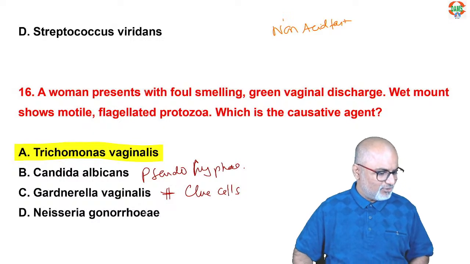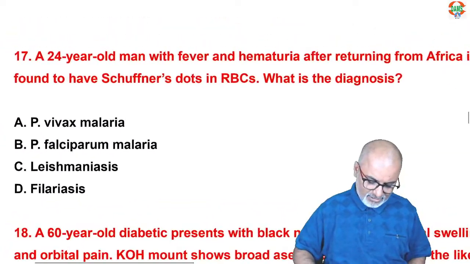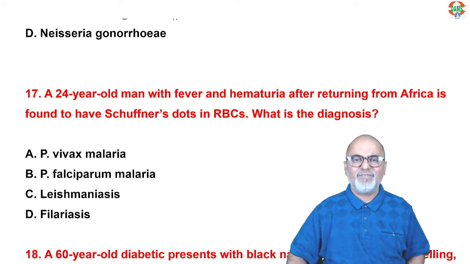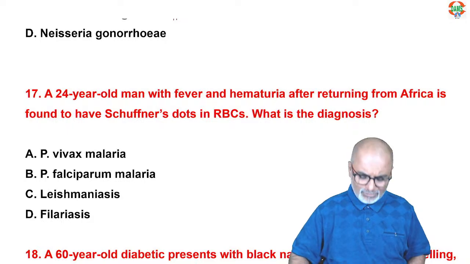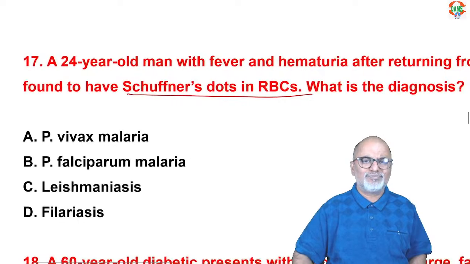Neisseria gonorrhoeae, gram-negative diplococci. Next is a 24-year-old man with fever and hematuria, after returning from Africa, with Schuffner's dots in RBC. Tough question, sometimes you may get tough ones.